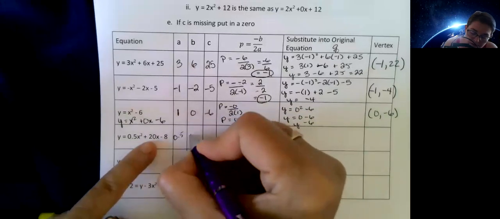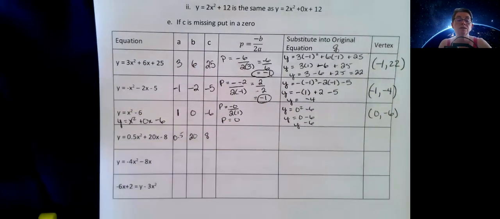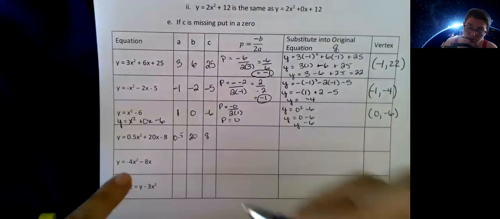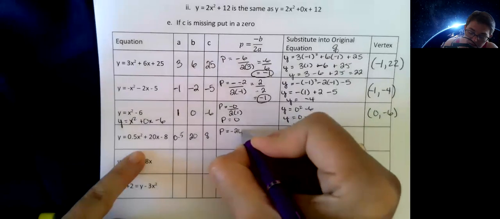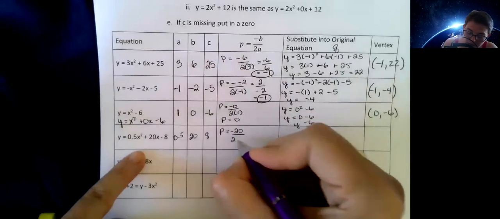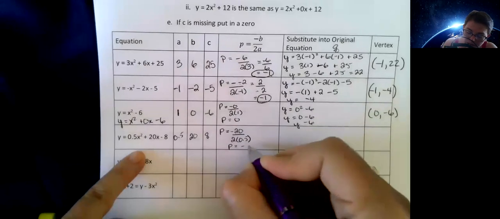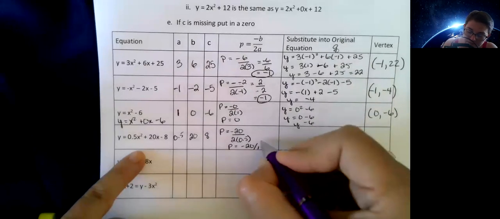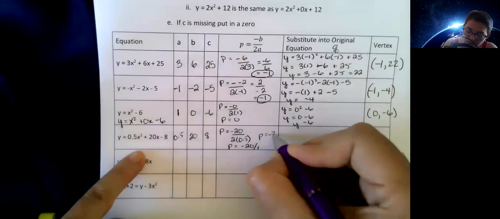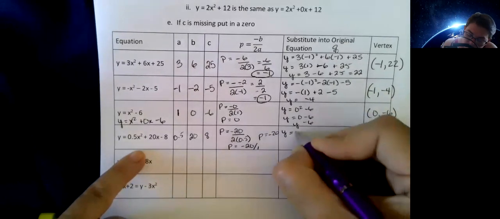0.5, 20, and minus 8. So my point is, on this one, sometimes the numbers are going to be bigger, and it's also okay if you have decimals. So P is equal to minus 20 over 2 times 0.5, so P is equal to minus 20.